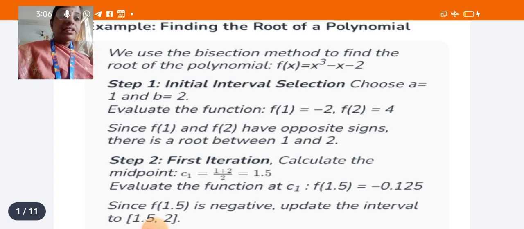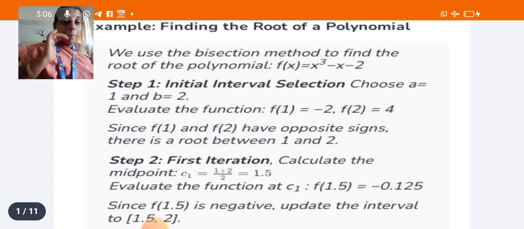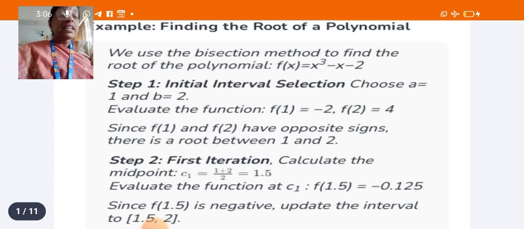We use the bisection method to find the root of the polynomial f(x) = x³ − x − 2. Initial interval selection: choose a and b as 1 and 2. Evaluate the function: f(1) = −2 and f(2) = 4. Since f(1) and f(2) have opposite signs, there is a root between 1 and 2.